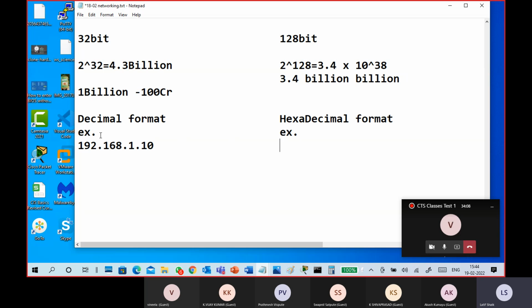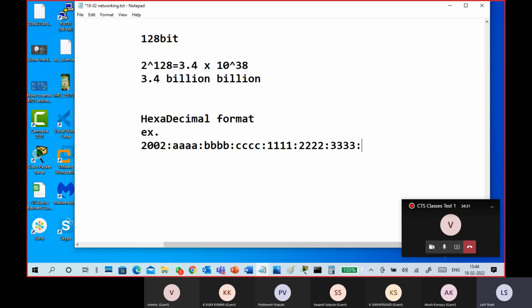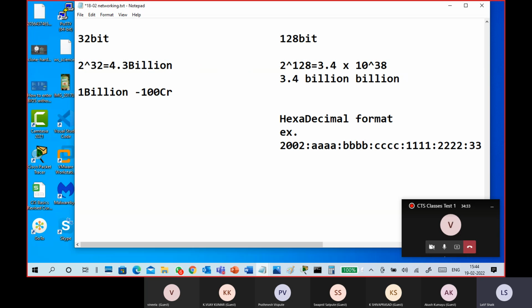For an IPv6 example, you can write many different types of IP addresses. It is hexadecimal, so A to F will be there. Just for fun, to show you how many digits are there.